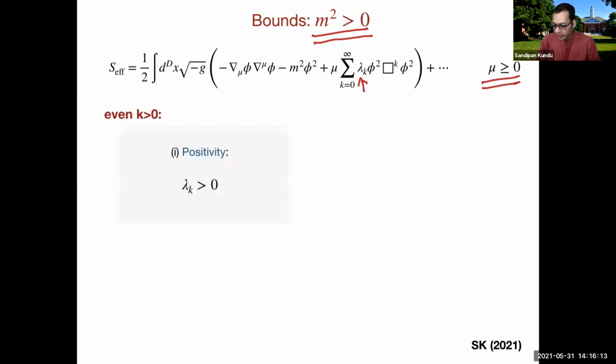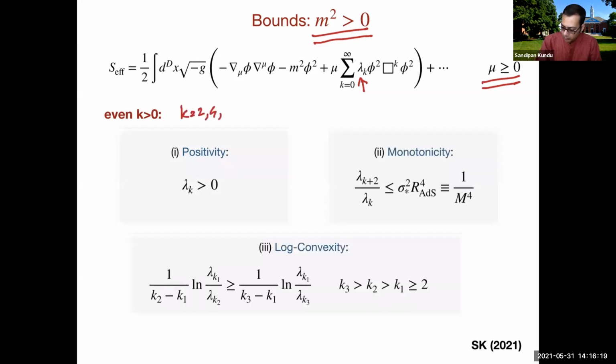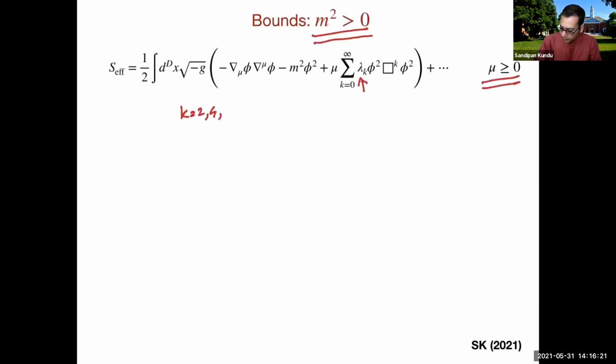First, for any even k greater than 0, so for k equals 2, 4, 6, all these lambda coefficients must be positive. So that's one condition that this effective field theory must satisfy.